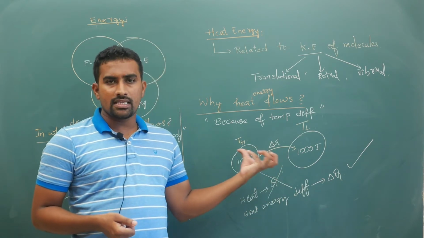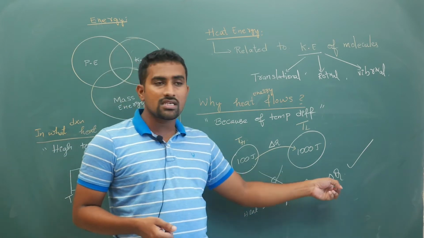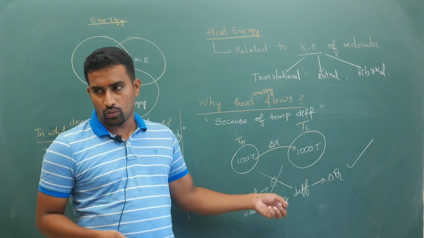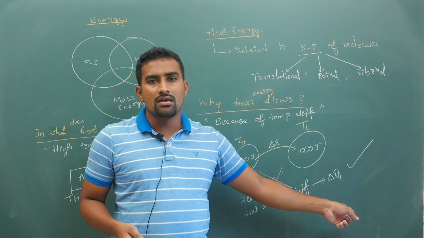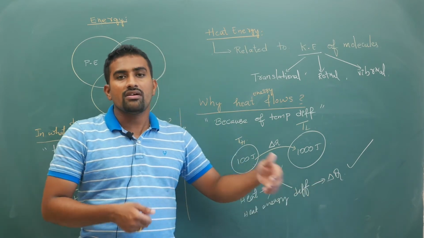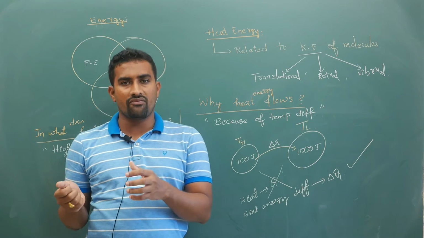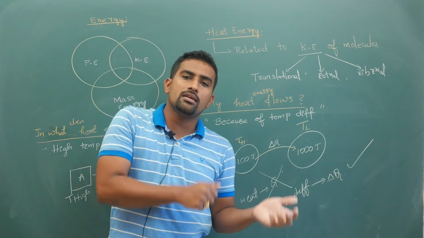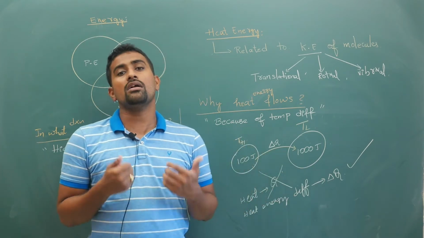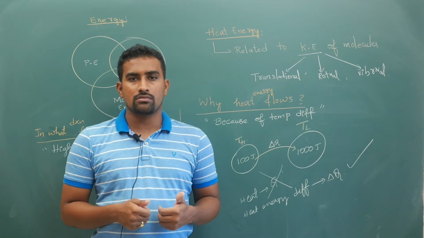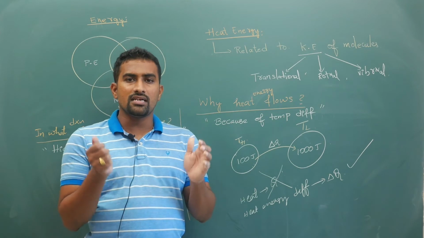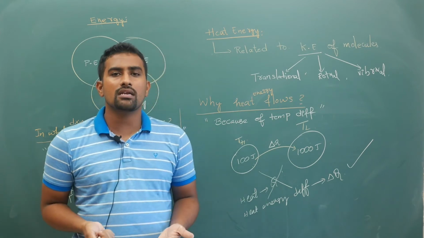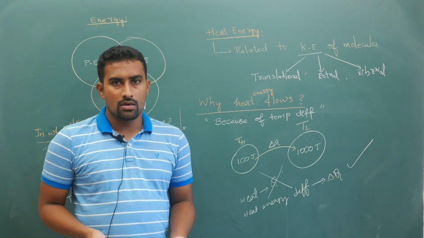Internally it could be anything, but what we can measure is delta Q. We cannot measure Q, we can only measure the energy difference: how much energy has been transferred from one body to the other. We cannot measure what is present internally in the body.